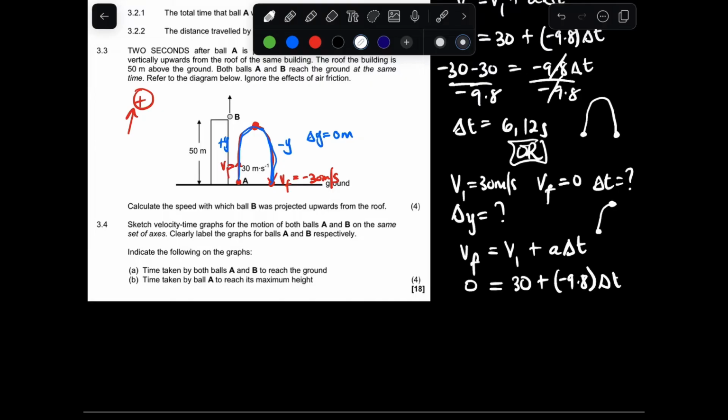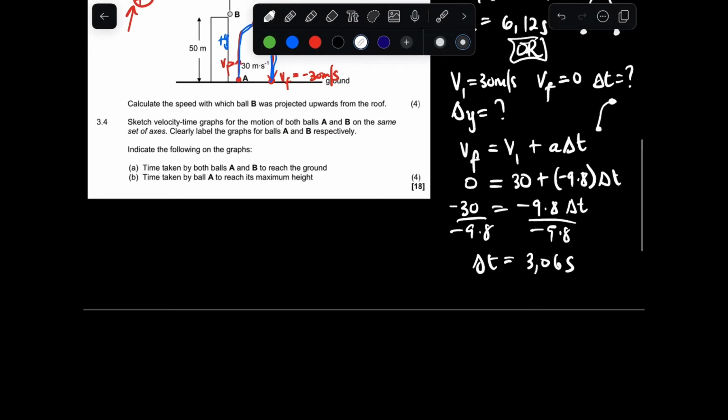So we're going to have negative 30 on this side and negative 9.8 change in t. When we divide by negative 9.8, our change in t is going to be 3.06 seconds, right? But that's not the entire time.